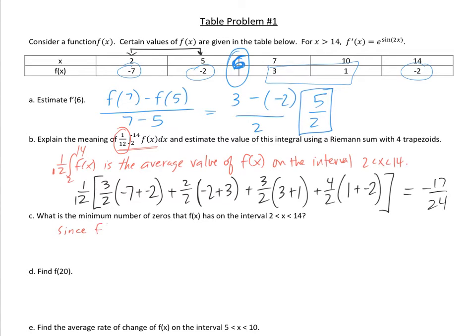So I'm going to say since f of 5 is less than 0 and f of 7 is greater than 0, there must be a 0 on the interval 5 to 7.